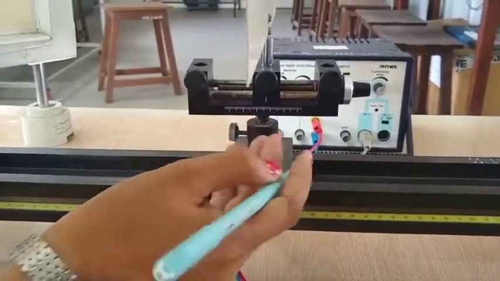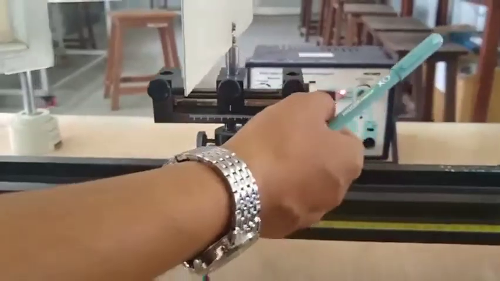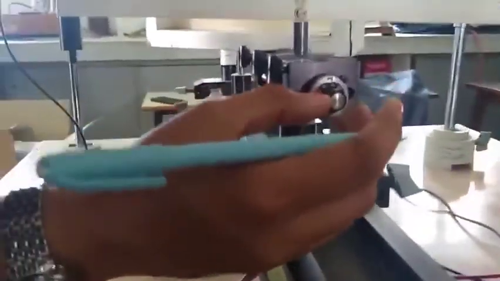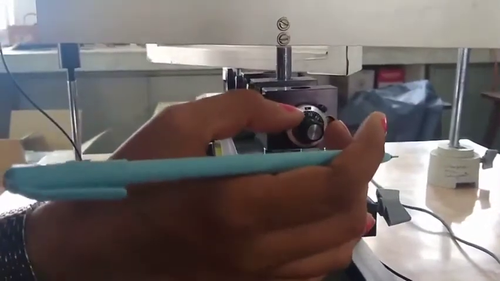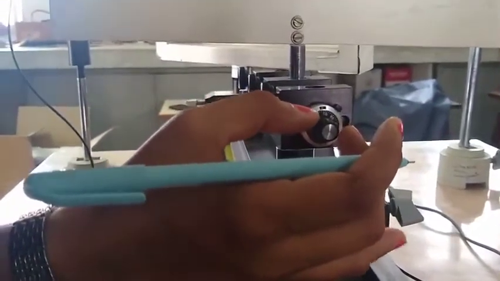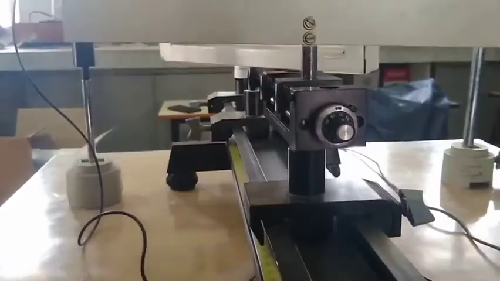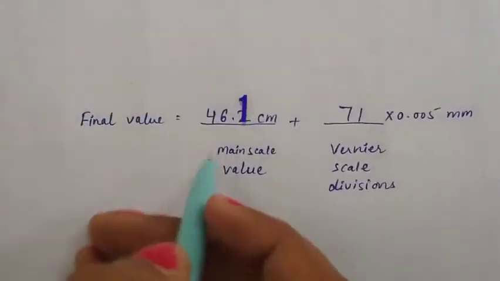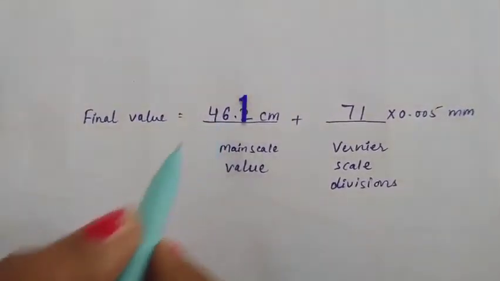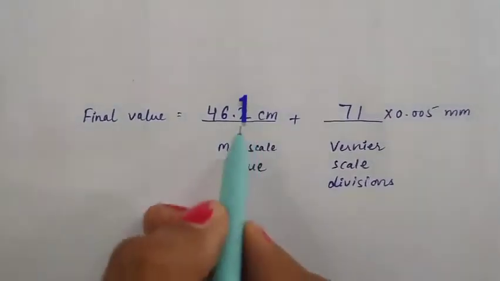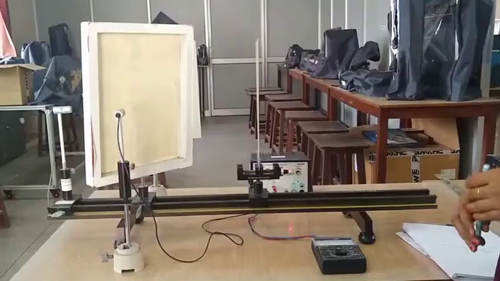On the main scale 1 mm has been covered, and now we will look at the position on the circular scale. It is 71. So 71 divisions have been covered on the circular scale. We will write down the values observed on both the scales to reach a final value after addition.